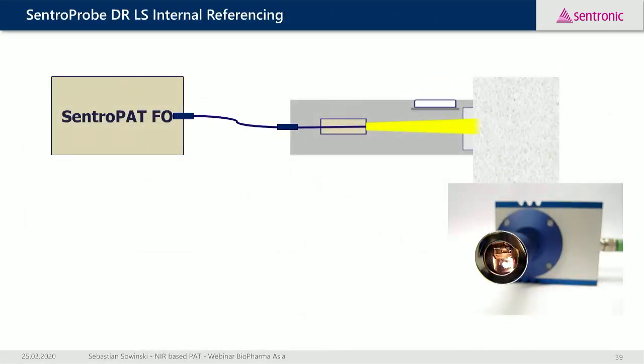In order to overcome drift effects, as said, as you have on every optical measurement system, we have a standard which is built into the probe, which is used as an active reference. The sketch here is showing the normal sample measurement. So we have the material measuring continuously, and we have an internal standard which can be measured at any time during the process, and which is used as an active reference.